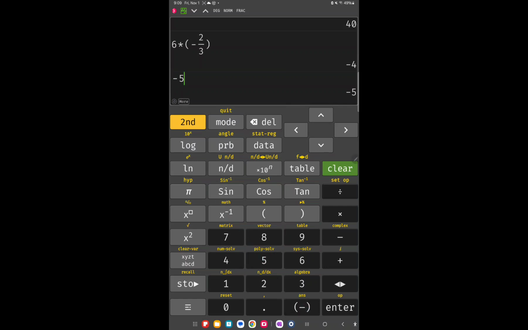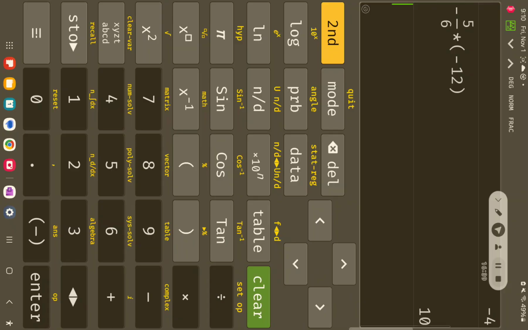Negative 5 over 6 times negative 12. That is going to be, what did you get when you did that? Anyone? 10 is correct.